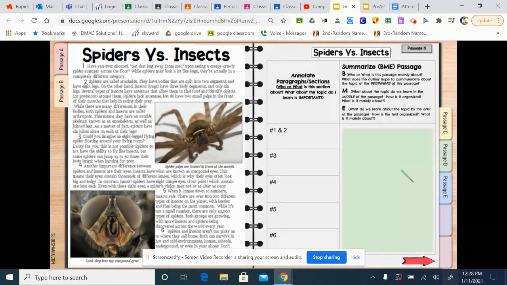As we look at the next text, the text you're going to read, it says spiders versus insects. Just like we did last week on Friday, you will read the passage, you will read the paragraphs, and as you are reading the paragraphs, you're going to annotate about who or what is in the section about, and what about the topic do I learn is important. So that's what's going to be here.